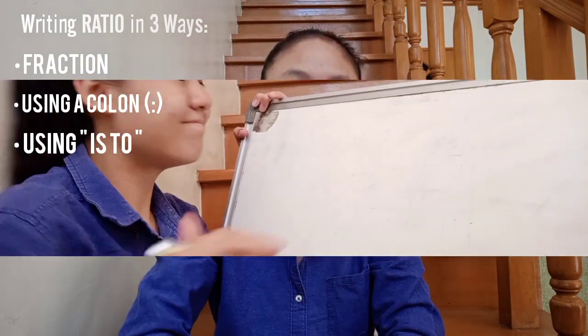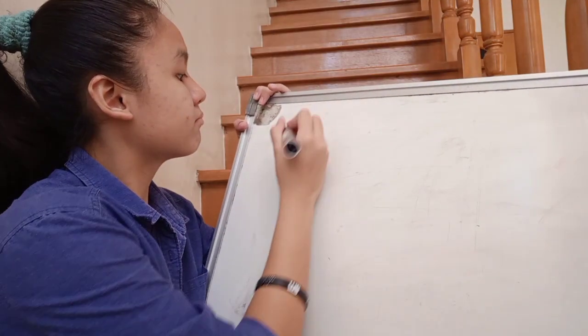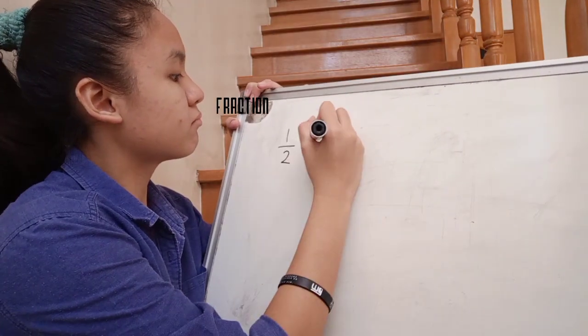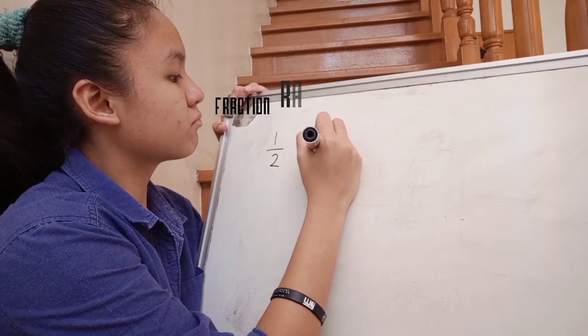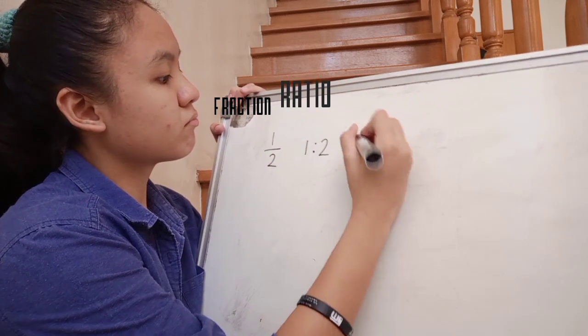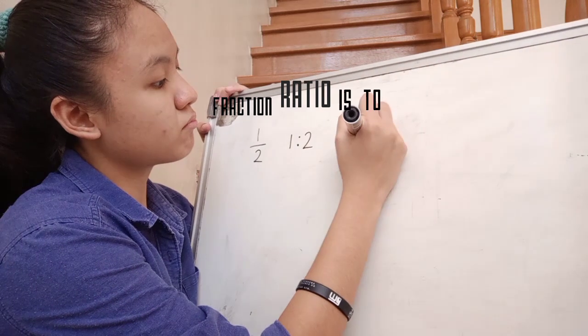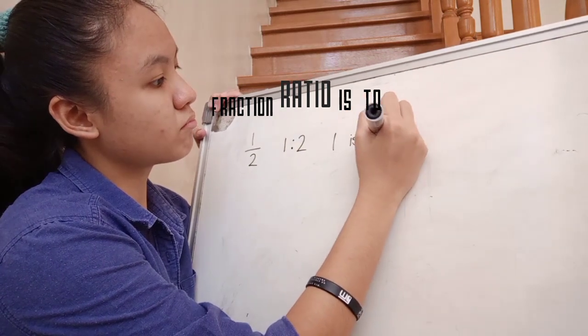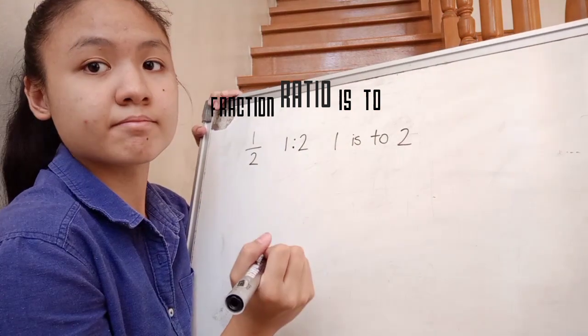For example, 1/2, or 1:2, which is read as 1 is to 2.